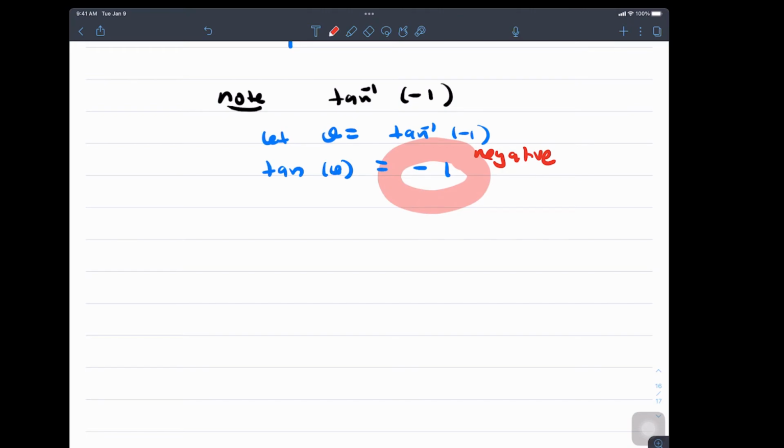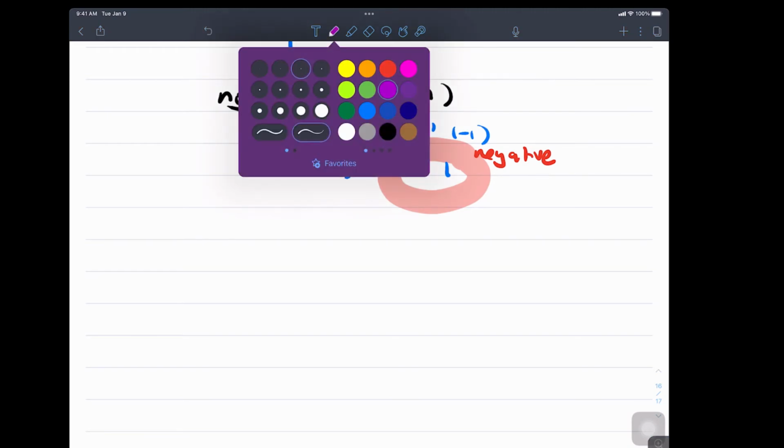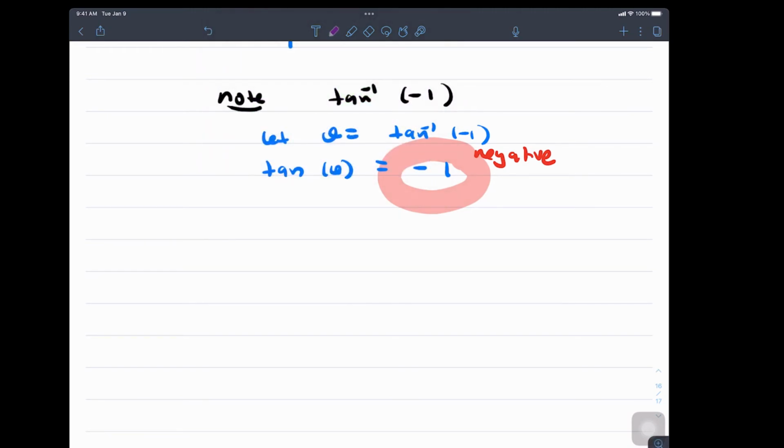Tangent's negative. Okay. We got to go to the reference. Because theta is in what quadrant there? Theta is in quadrant what? 4. Moreover, theta is really what? Negative. Okay, you guys okay with that? Theta is negative, so maybe you want to actually indicate that information.